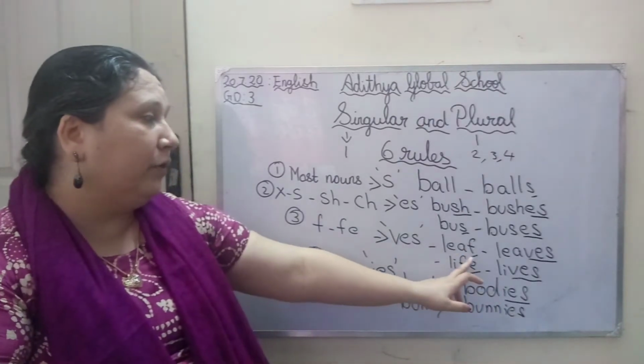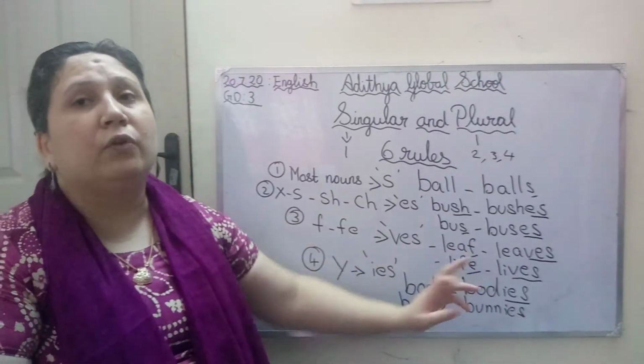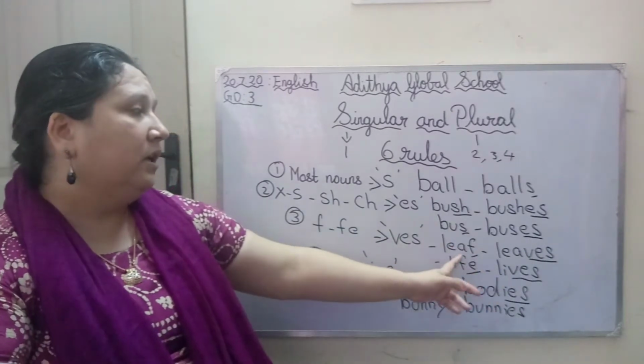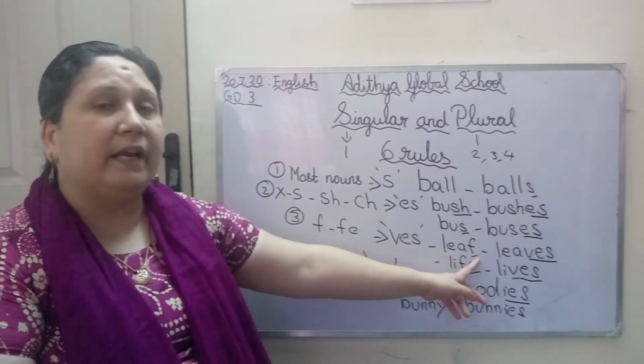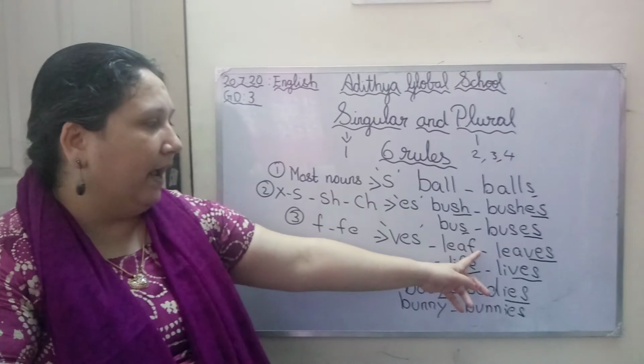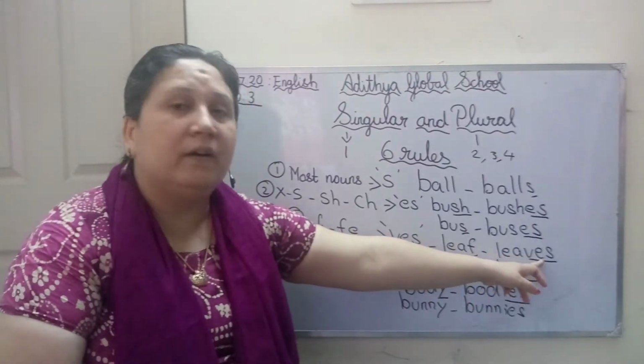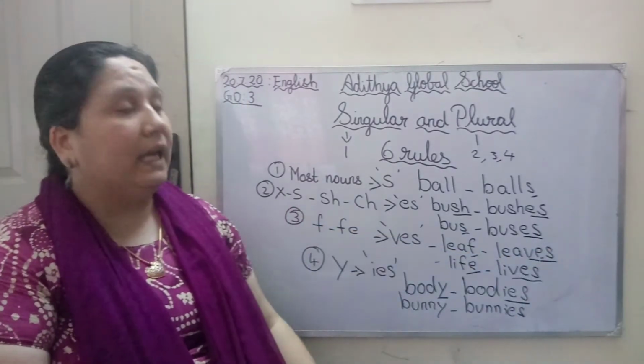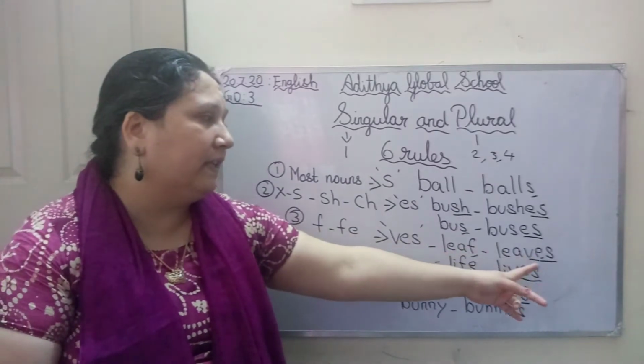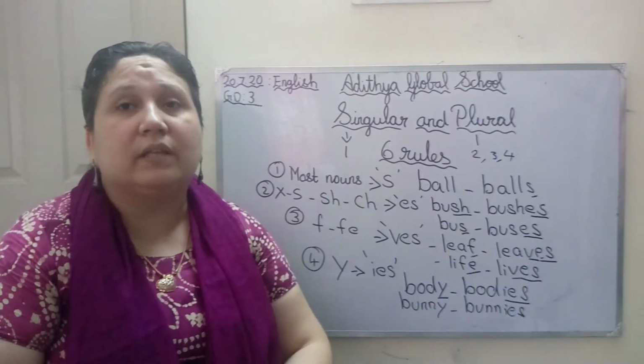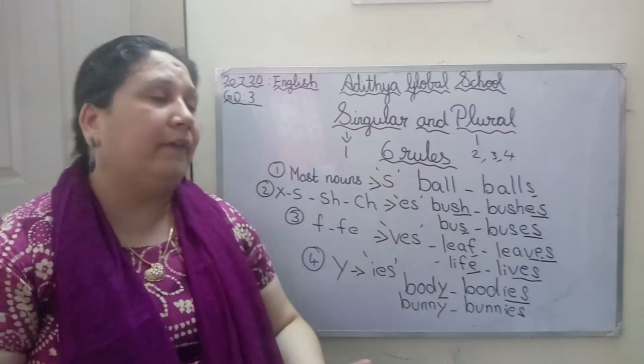For example, now you see here, it is leaf. You know what's a leaf, right? Yes. So leaf. The word is ending with, very good, F. So what did we add here? We added VES, which means leaves. That means lots of leaves.